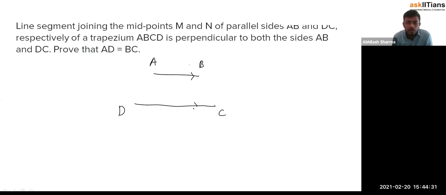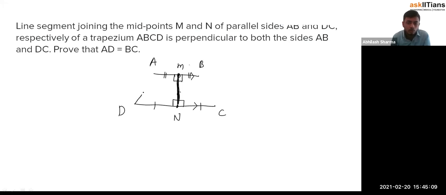And then it is telling us that M is the midpoint of AB, and N is the midpoint of DC or CD side length. It is also given line segment joining MN is perpendicular to both sides AB and CD. Okay, then prove that AD equal to BC.